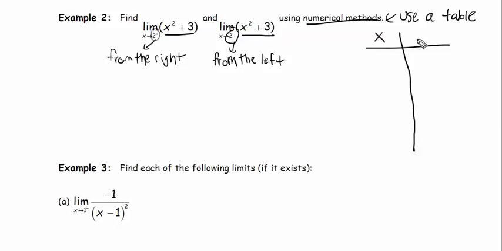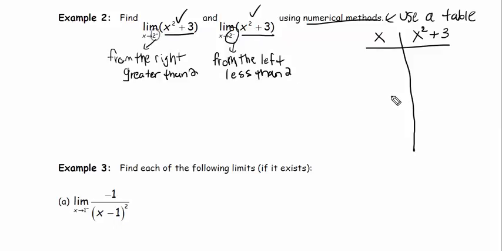So here is our table, x, and then the function x squared plus 3. Numbers to the right of 2 just means greater than 2, and from the left of 2 just means less than 2.